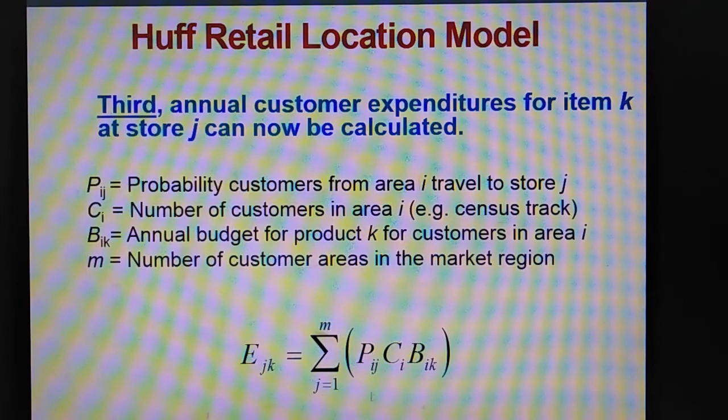So this is the summation of probability multiplied by number of customers multiplied by budget. So here we can estimate the expenditure or the sales people are willing to buy of item K at your new store J.